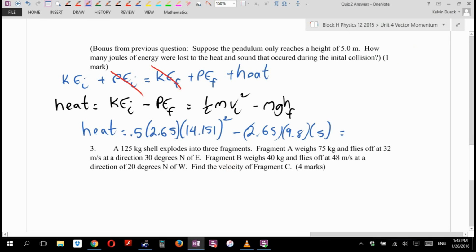Let me think here. This is correct. Yes. How many joules were lost? It went to heat and sound that occurred during the collision.